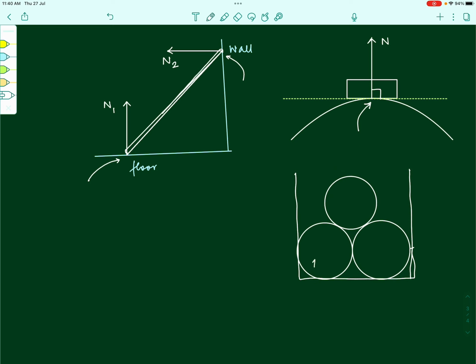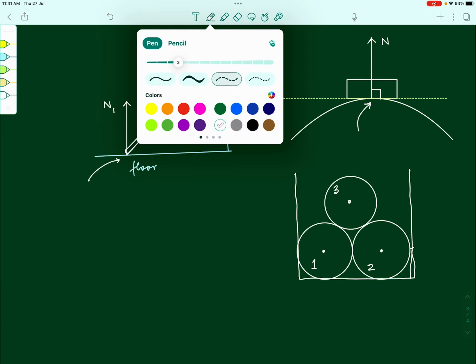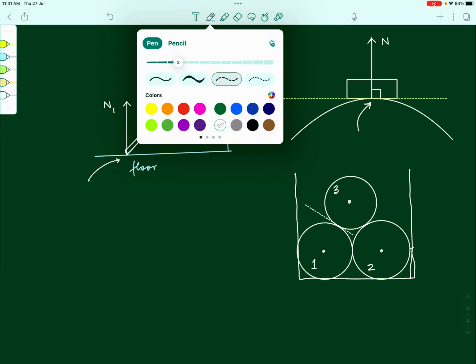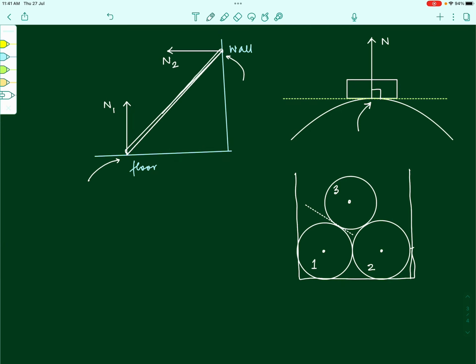Now, if I name these balls, let's say this is ball 1, this is ball 2, and this is ball 3. If I try to find out the force of normal reaction that the balls exert on each other, or let's say the force that balls 1 and 2 exert on ball 3, how do we find out those forces? So what we do here is we first draw a tangent at the point of contact between the first two balls, and we say that in this case the normal reaction will be perpendicular to this tangent.